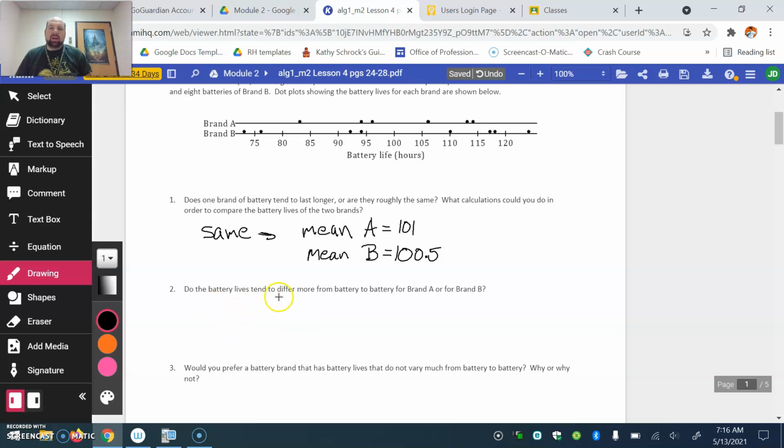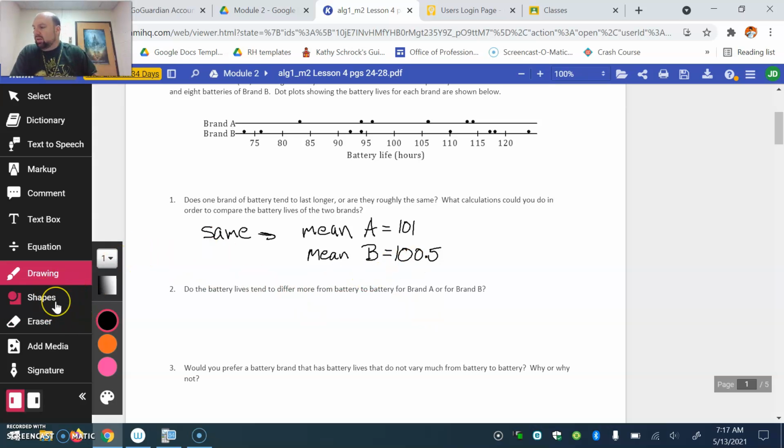So do the battery lives tend to differ more from battery to battery for brand A or for brand B? In other words, if you're looking at the batteries that lasted the least amount of time and the longest, is there a bigger change for brand A or for brand B?